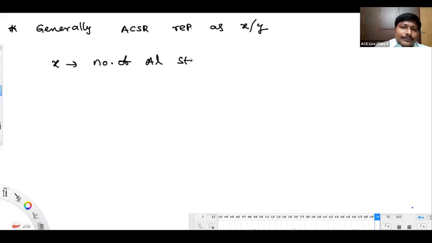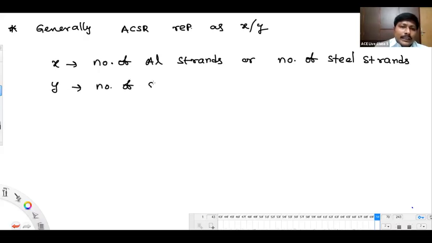aluminum strands, or you can say number of steel strands. Y will be number of steel strands, or you can say number of aluminum strands.